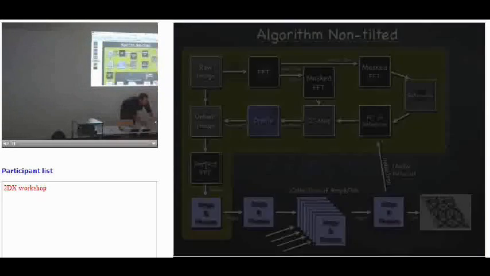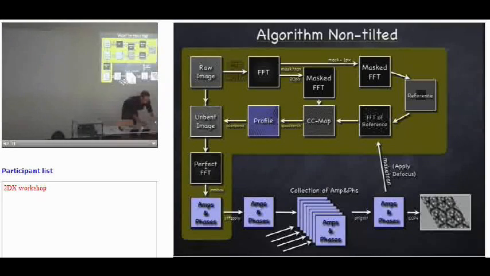I have also a slide here. This would be for non-tilted pictures, the approach where you are in CTF affected space in this area here. This is more or less the slide that Richard Henderson and Pierre and Angie showed about the workflow in the MRC programs, where you do the reference creation and the unbending, and then you evaluate, and you correct the CTF on the evaluated data.